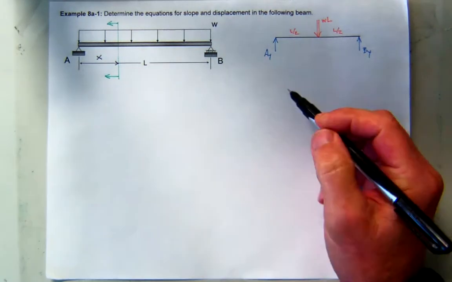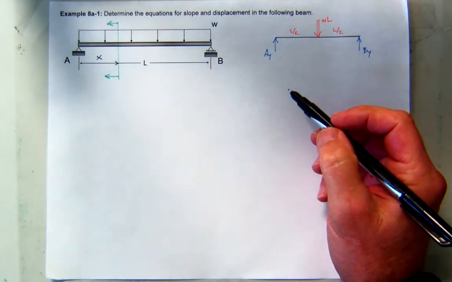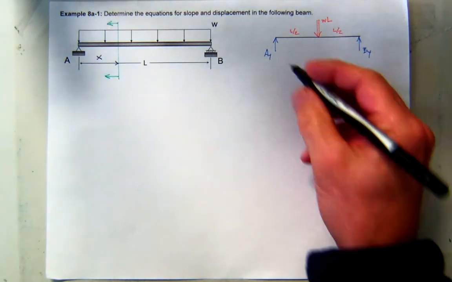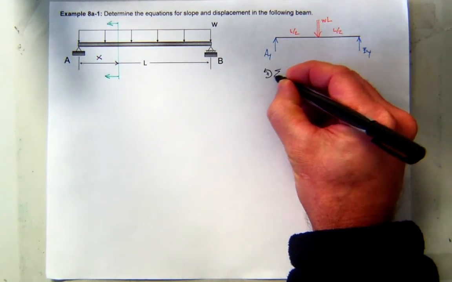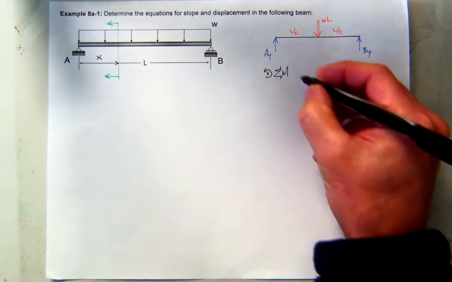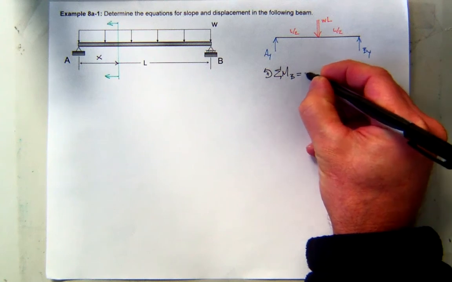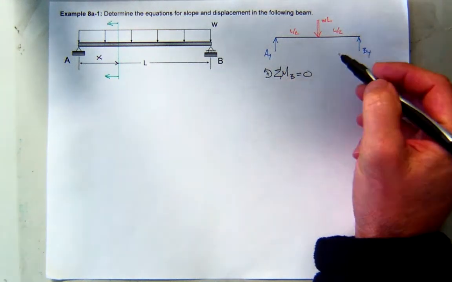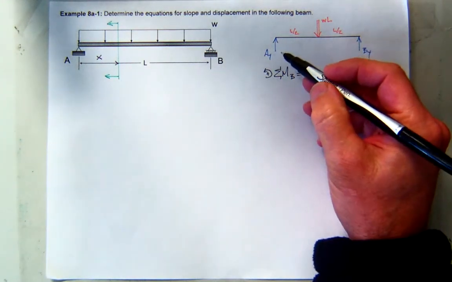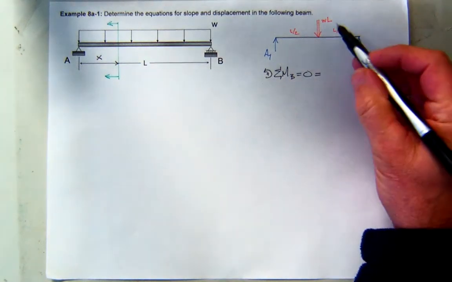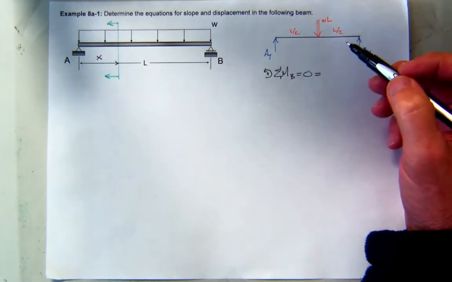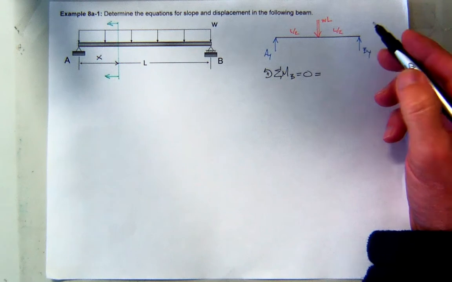So you're probably already guessing what the reactions are going to be. But I'll go ahead and do a quick calculation just to verify. So we will sum moments about B, to make sure it's in equilibrium. When we do that, the only unknown will be AY, which we've already talked about. About B, our concentrated equivalent force creates what kind of moment? Positive or negative? Positive.